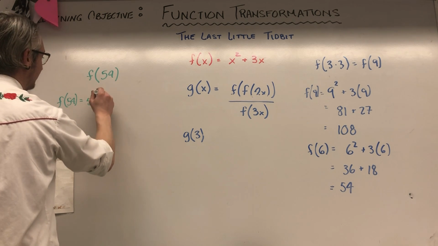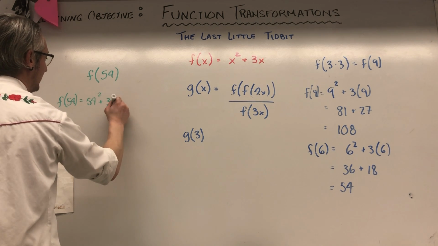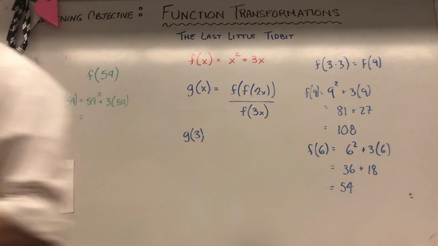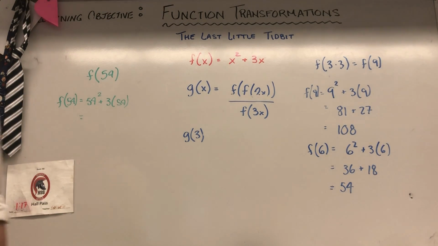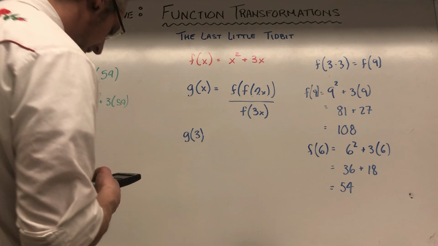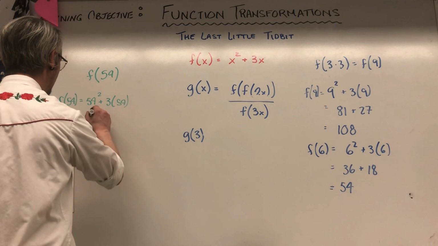So 54 squared plus 3 times 54. I am not the Rain Man, so I am going to find my handy dandy calculator somewhere. Oh, wise computer. And I get 3,078.